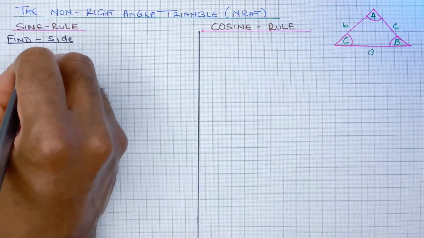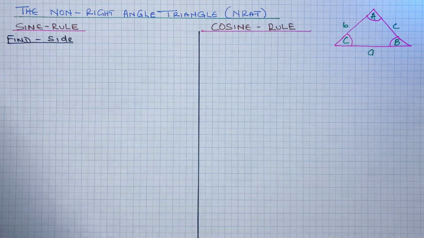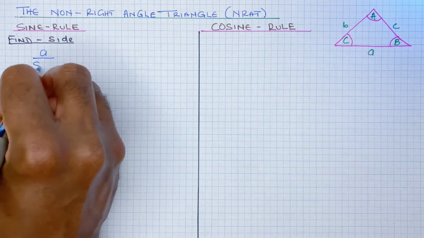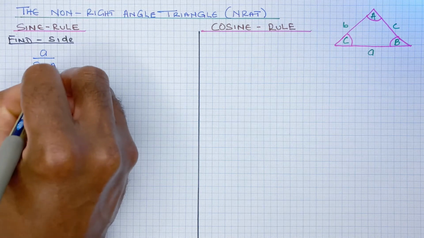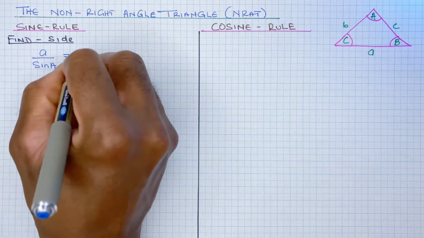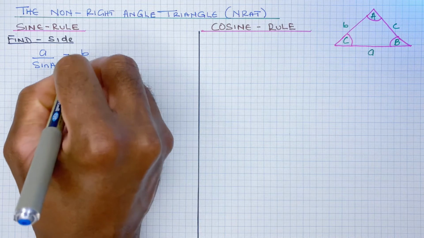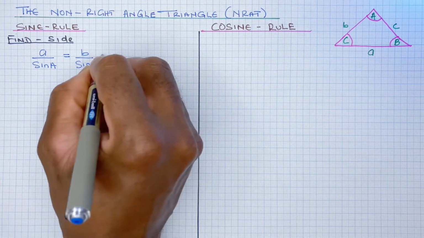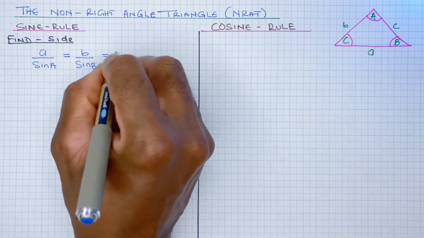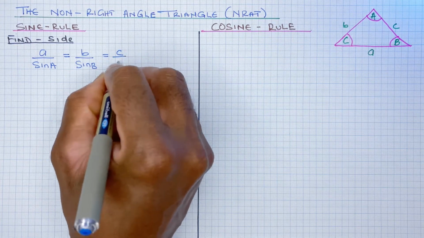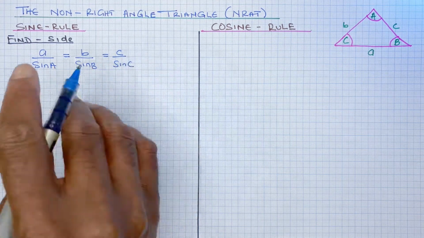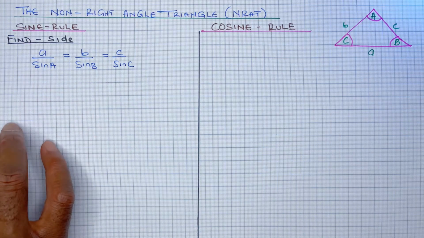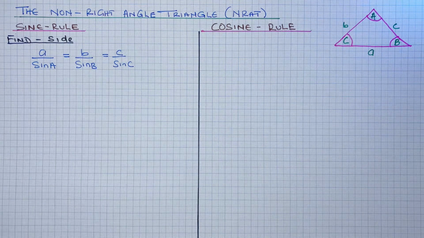So for finding the side, we always say side a over sine of angle A equals side b over sine of angle B, which also equals side c over sine of angle C. You have to pick any two of them you want to use. And that's how you find the side.